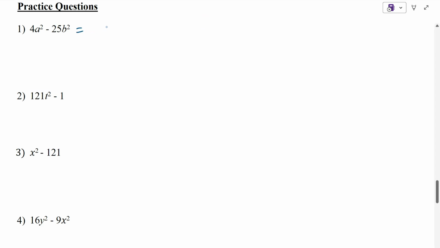Okay, so the first question, we need to have double brackets, and we need to have the square root of each of these terms. So we're going to have 2a, square root of 25 is 5, 5b, we're going to have a plus and a minus.